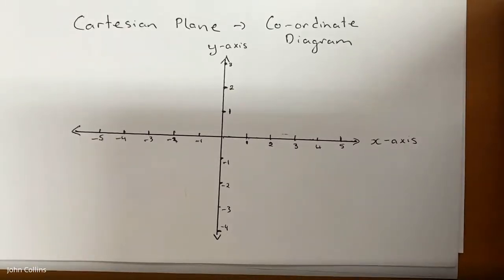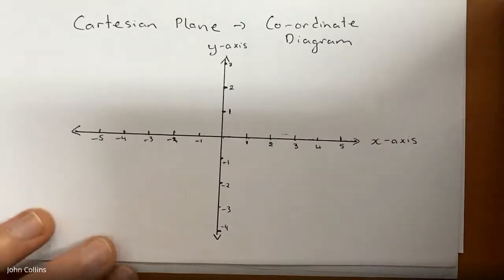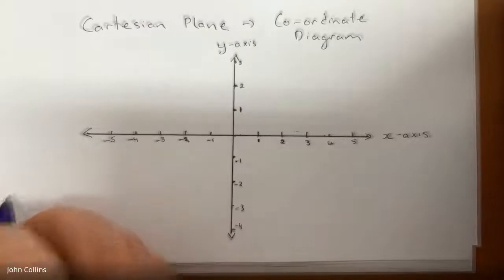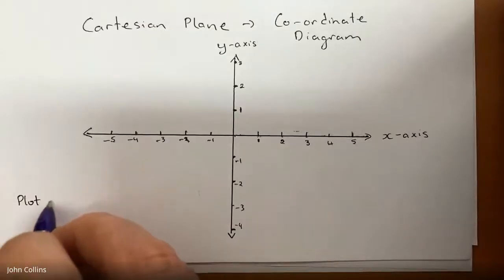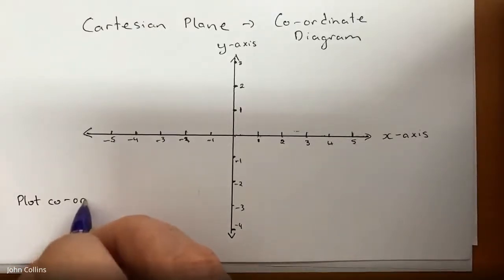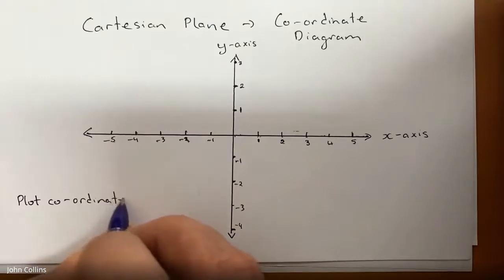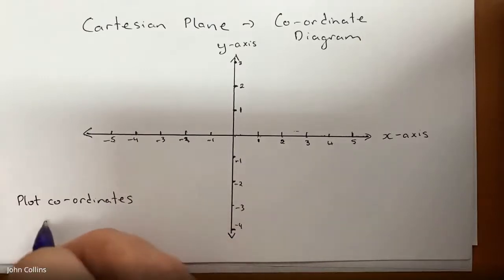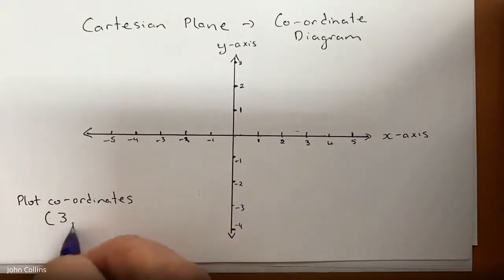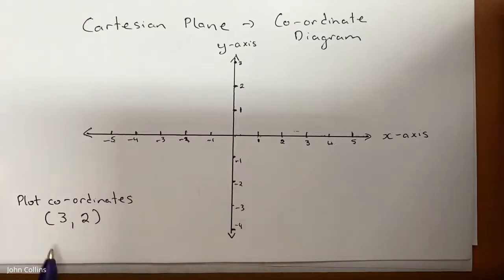All right, we usually plot coordinates on this plane. So let's look at (3, 2). That is how we write a coordinate. It refers to an exact point on my Cartesian plane.